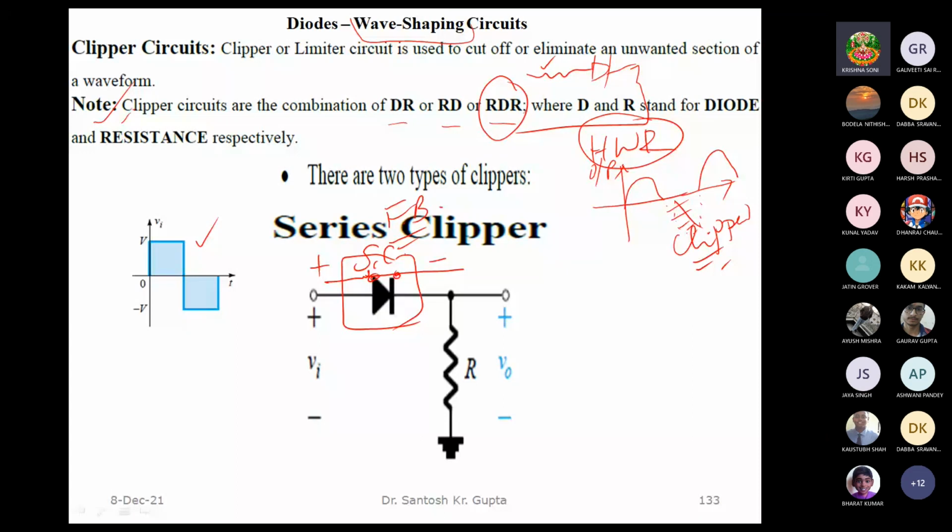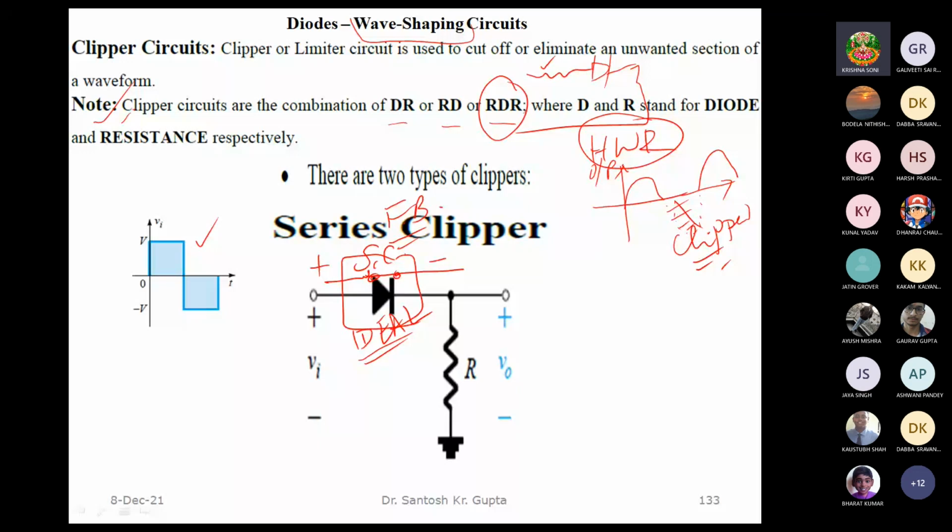This is the case if we assume that the diode is ideal. If it is a silicon diode or germanium diode, then there could be a 0.3 or 0.7 volt drop across this diode, which can also be taken into account.